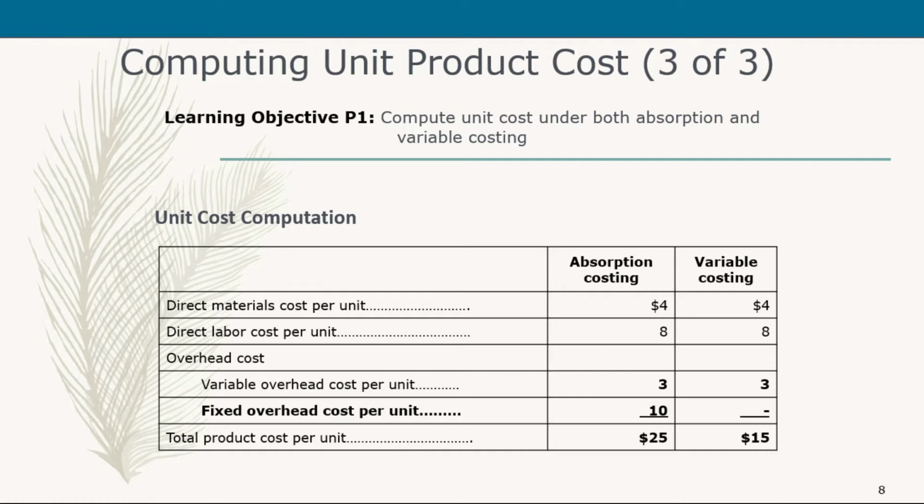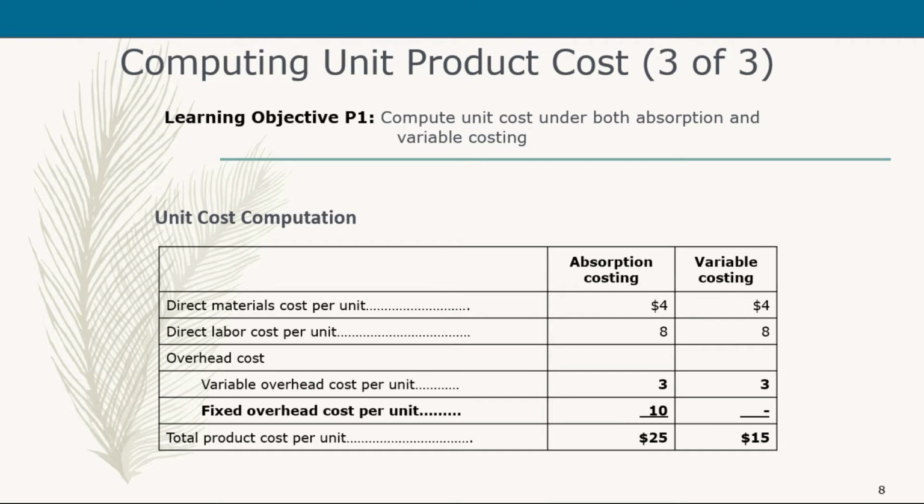So we have $4 per unit for your direct materials, $8 per unit for your direct labor cost, $3 for your variable overhead cost per unit, and $10 for your fixed overhead cost per unit. It will give us a product cost of $25.